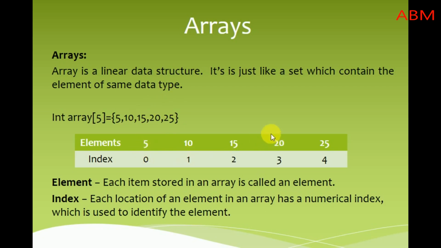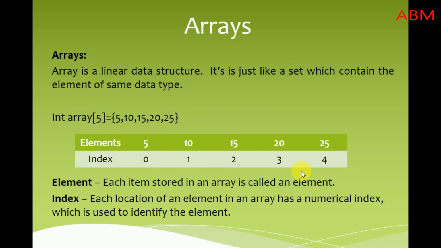Now how is the array data stored in memory? In memory, these are stored just like data elements, and every data element has an index. The elements are the data, for example 5, 10, 15, 20, 25 are the actual data which we have stored in the integer array, and 0, 1, 2, 3, 4 are actually the index.